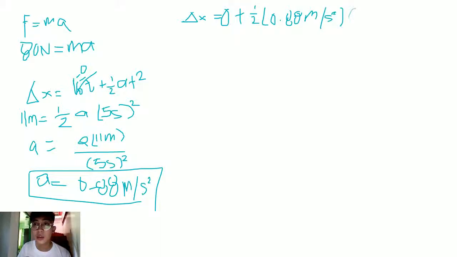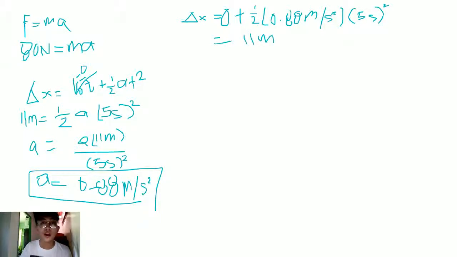And meron tayong time ulit na 5 seconds. So, delta x natin dito will be 1/2 times 0.88 times 5 seconds, squared itong ating 5 seconds. So, that would be 11 meters.